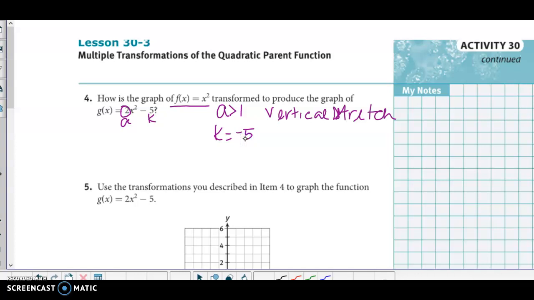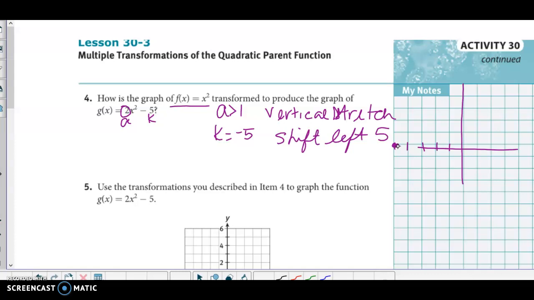So that means that we are going to have a shift left 5. So if I was to sketch a picture of this, 1, 2, 3, 4, 5.